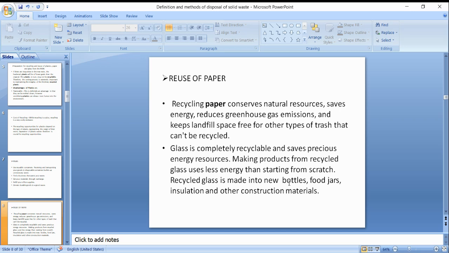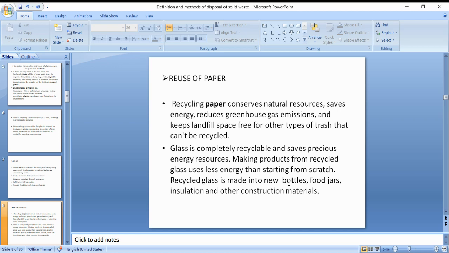So glass is completely recyclable and saves precious energy. Making products from recycled glass uses less energy than starting from scratch. So recycled glass is made into new bottles and food jars. So already used glass, we will also separate.